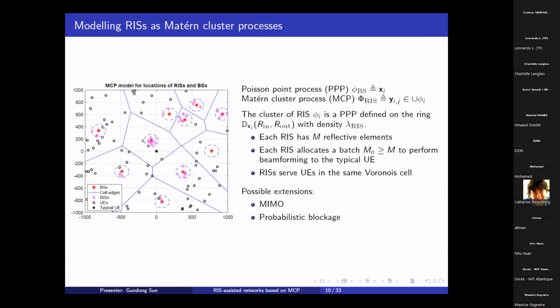The distribution of the base stations, lambda BS, is independent of the distribution of RIS? I mean, you just place the RIS with an independent distribution, the two distributions are not correlated? Oh, no. In the investment problem, we correlate them. We have some money that can buy 10 RIS, for example.